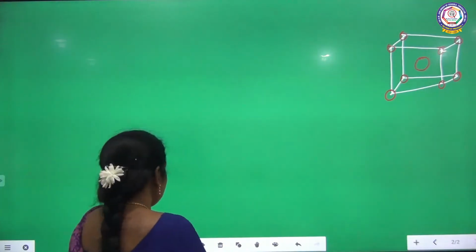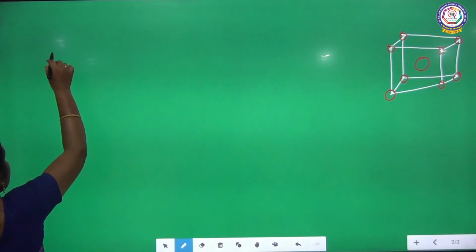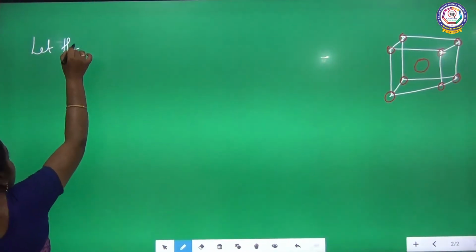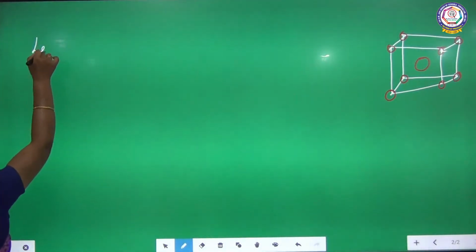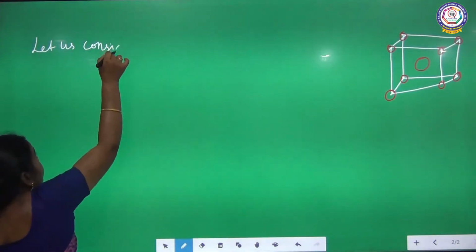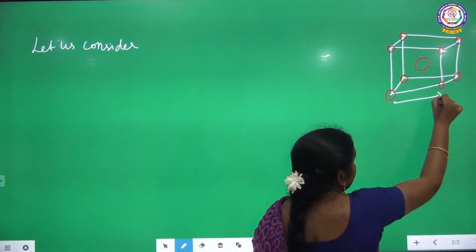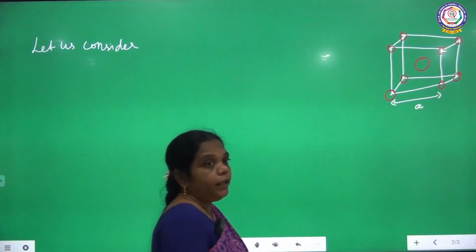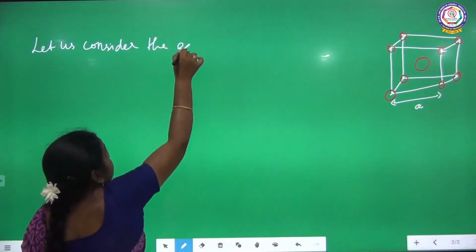So now let us consider the edge length. So this is called the edge length. The edge length is considered as small a.